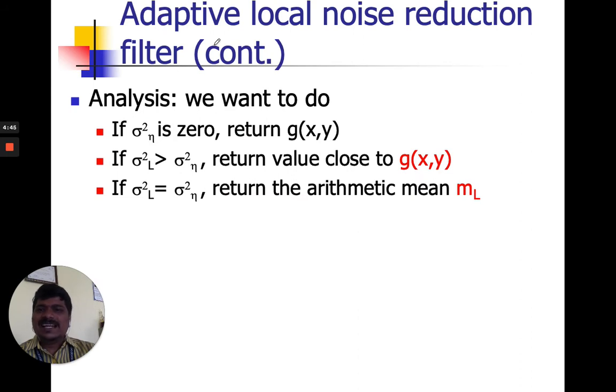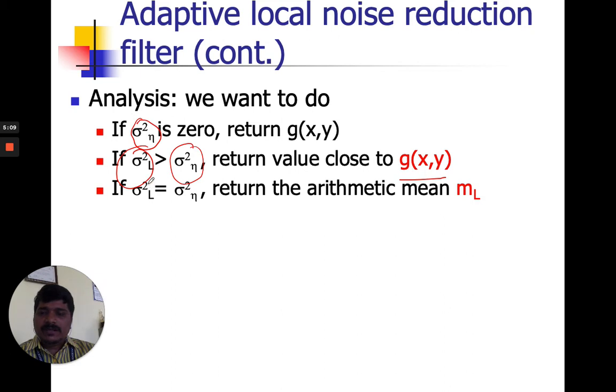How can we do the analysis? If the noise variance is 0, it returns g of x comma y. If the local variance is greater than the noise variance eta, it returns a value closer to g of x comma y.